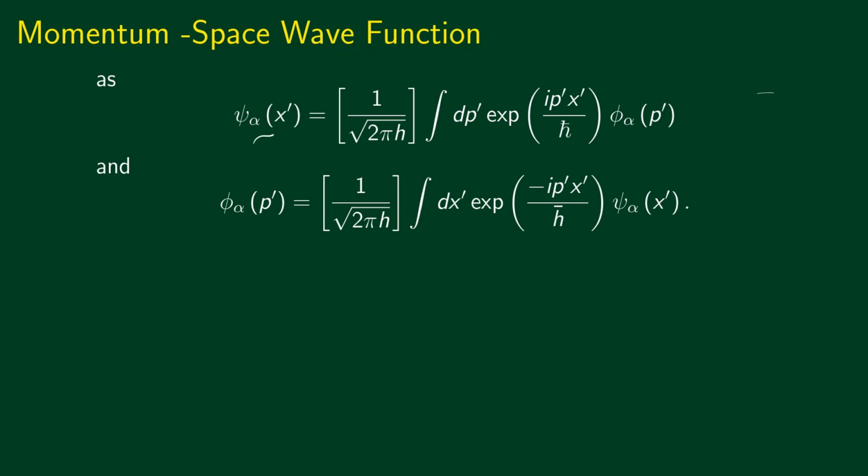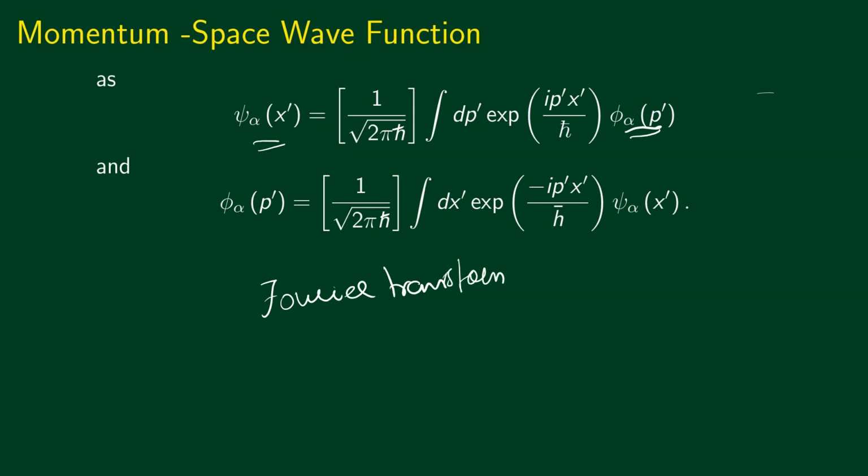This is the position space wave function, and of course there's an h bar here. We see that the position space wave function is a Fourier transform of the momentum space wave function, and here we have the momentum space wave function related to the position space wave function. So the two are related through a Fourier transform.